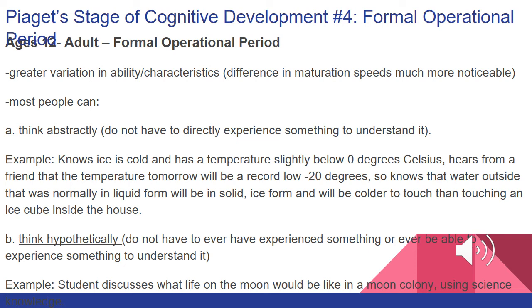So an example might be if a teacher gives students an assignment where they have to apply their scientific knowledge on the need for oxygen, the need for food and shelter, and then they apply it to a hypothetical example of living on the moon, which students might never see in their lifetimes, but still can connect to that hypothetical thought because they have such an ability to think abstractly.